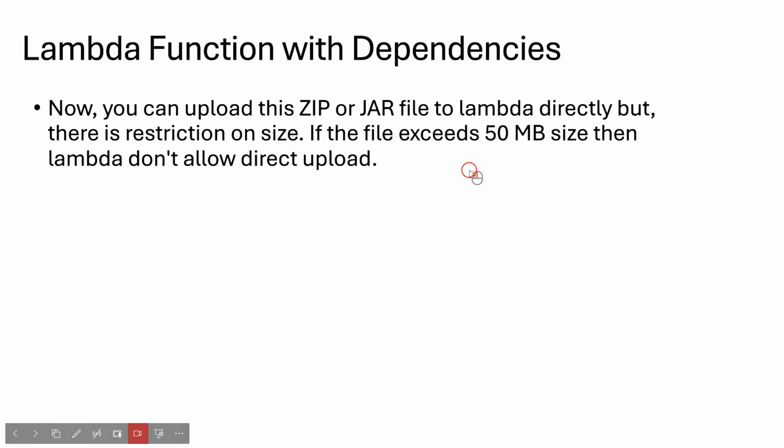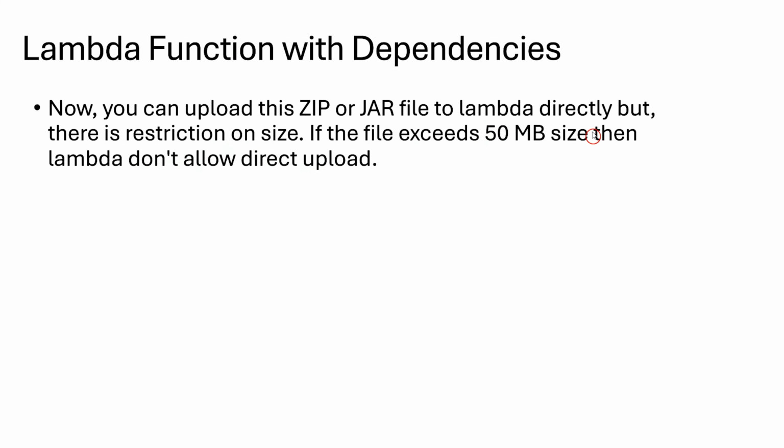Moving to the next point, now you can upload this zip, or the jar file you created using your Java code, to Lambda directly. But there is a restriction on size. If the file exceeds 50 MB, then Lambda doesn't allow direct upload.